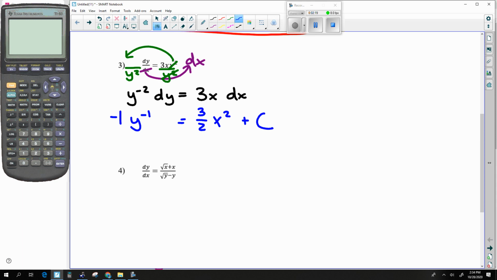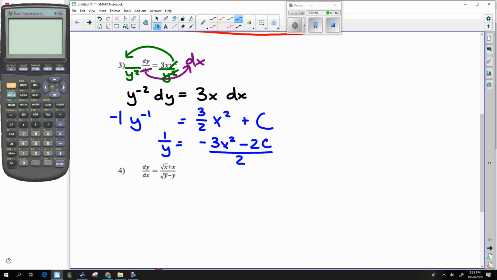All right, now I'm in the business of solving for y. So I multiply by negative 1. So this is going to leave me with 1 over y, and I'm going to consolidate this. So this is negative 3x squared minus 2c all over 2. I'll just write it like that. So what I did is I multiplied it by negative 1, and I also got a common denominator.